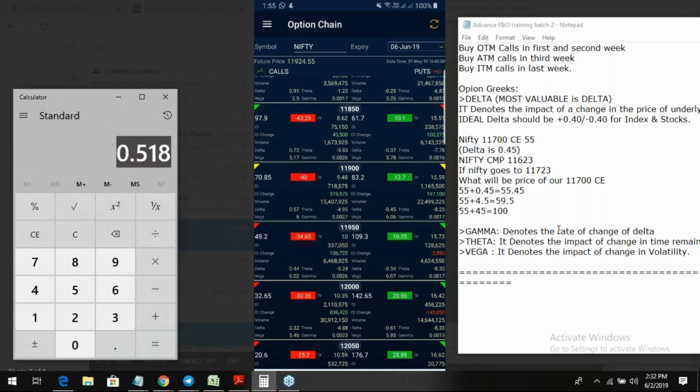Understood now? Sir, we are to select delta for a call if it is higher than 0.35. So the higher the delta, the better. Of course, the higher the delta is always better. Or do we need a selection range of delta?